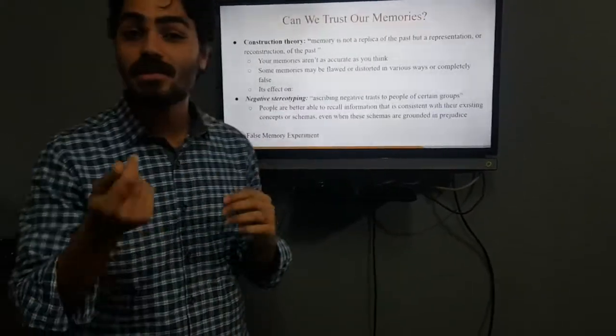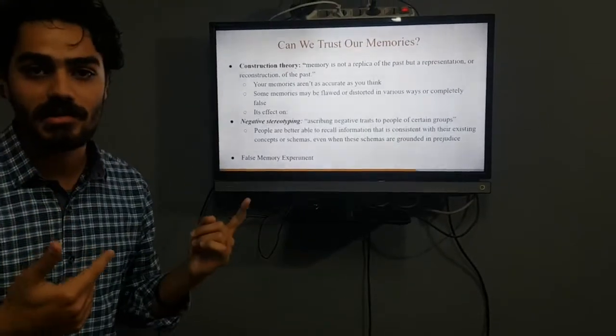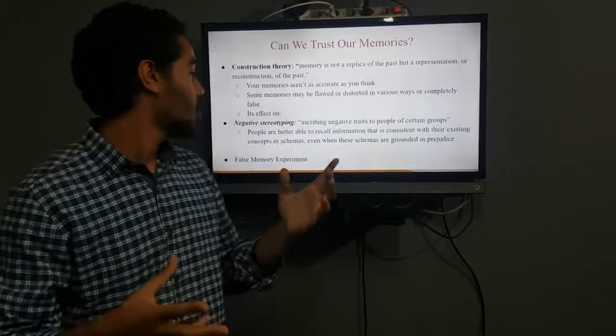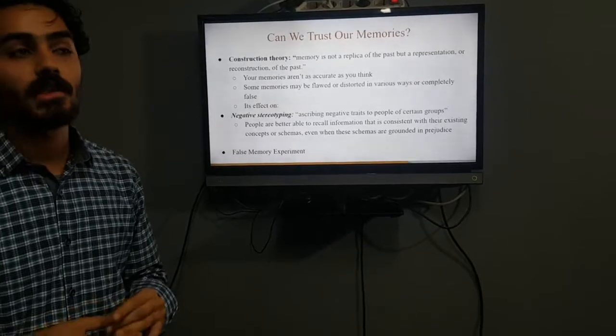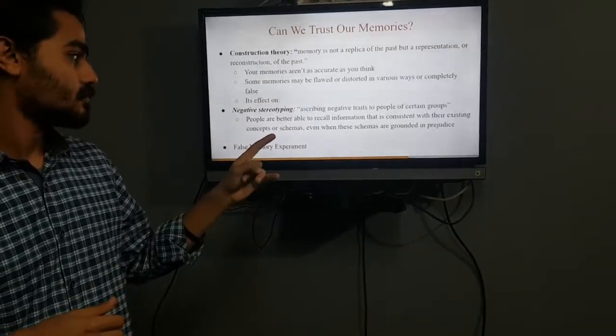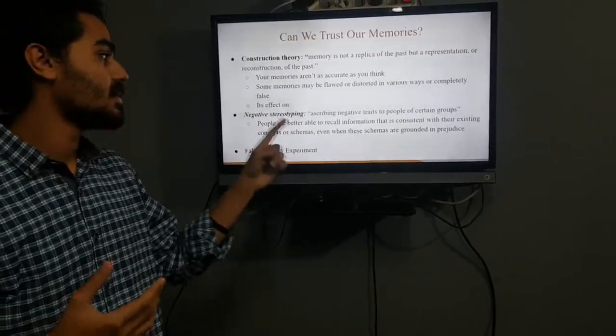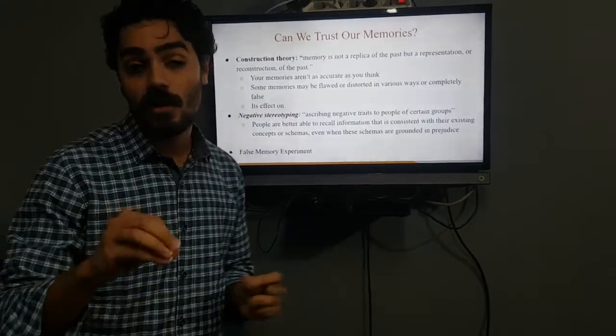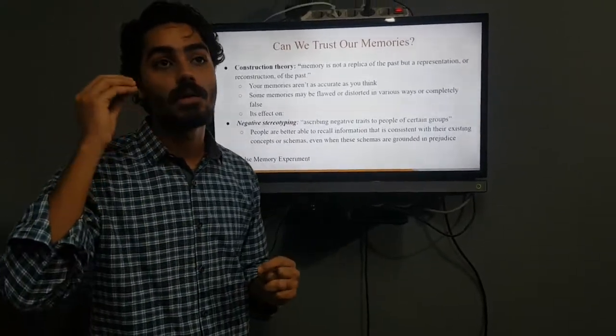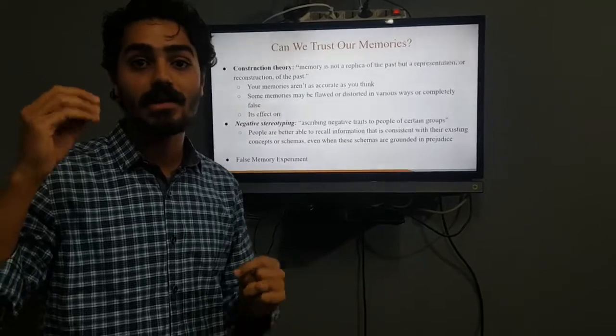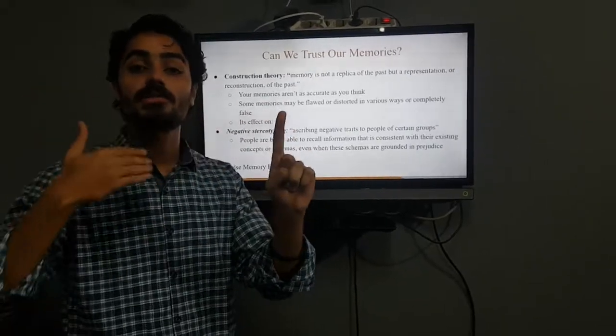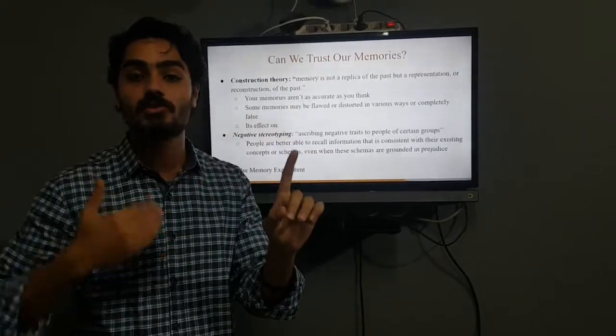A very interesting thing that theorists found is called negative stereotyping. When you ascribe negative traits to people of certain groups, they found that you only remember things that go along with the prejudice or preconception you have.